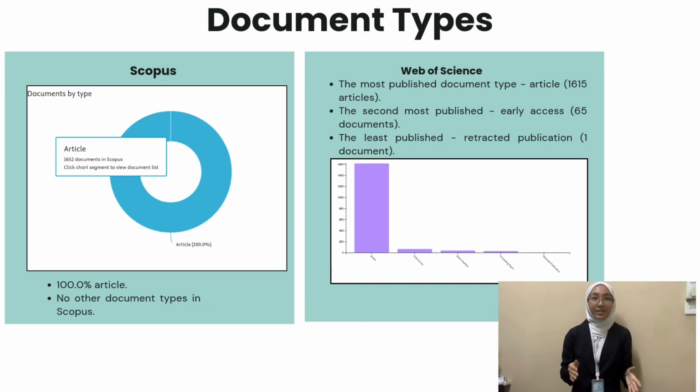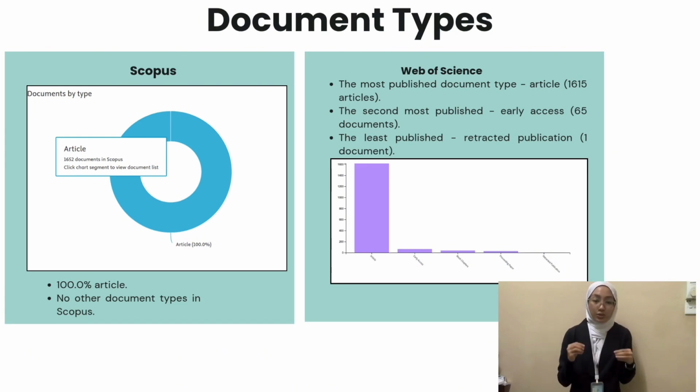So I will continue this discussion with the result of document type shown by Scopus and Web of Science. But before that, I will talk about Scopus first. Based on the pie chart shown by Scopus, we can see that there are only articles, the document type available in Scopus, covering 100% of the pie chart.